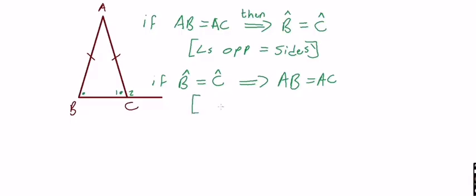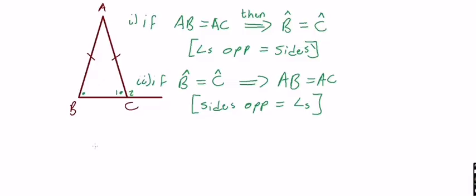And the reason for this would be sides opposite equal angles. You can either say this or you can say converse of this here. So this is number 1 and this is number 2, right? It means the exact same thing.